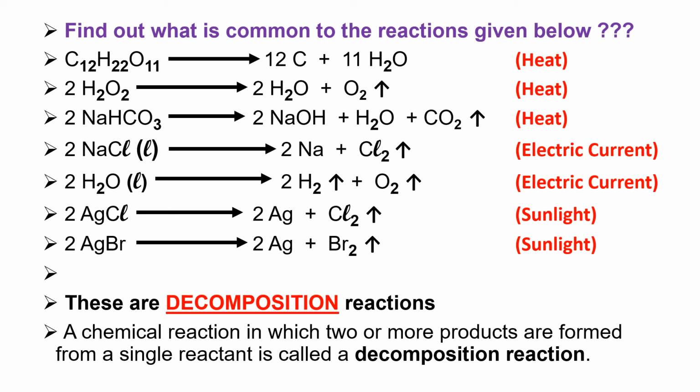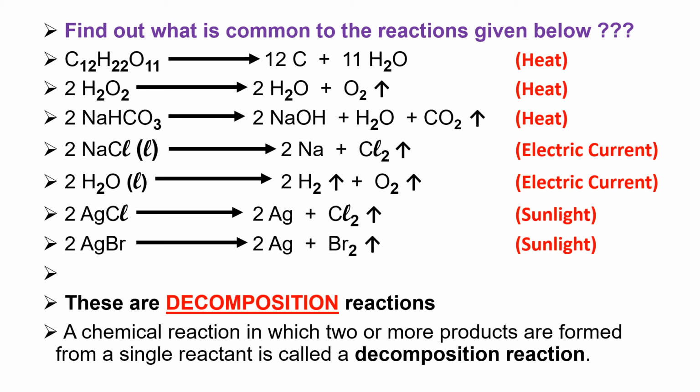What about the fourth and the fifth reaction? To break down NaCl and H2O, what do you have to pass through it? You have to pass electric current through it. So when you pass electric current through molten sodium chloride, you get sodium at the cathode and chlorine gas at the anode.